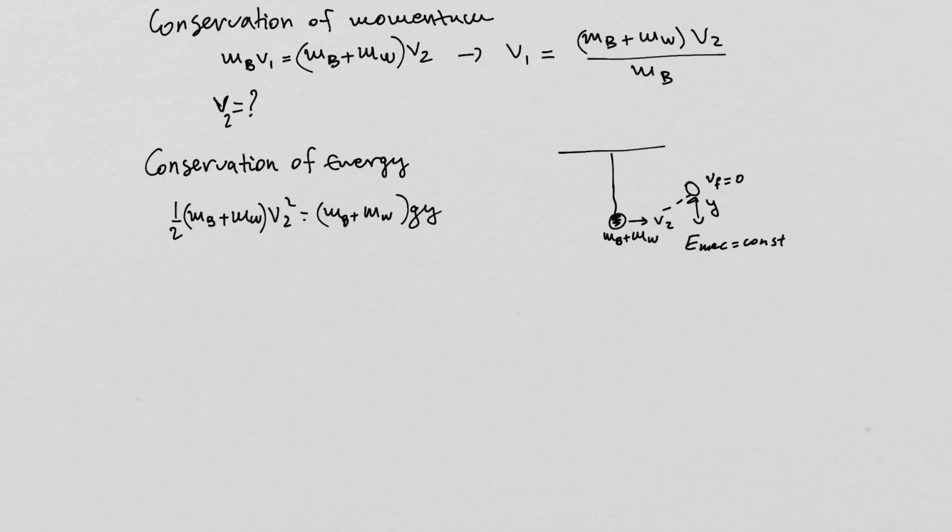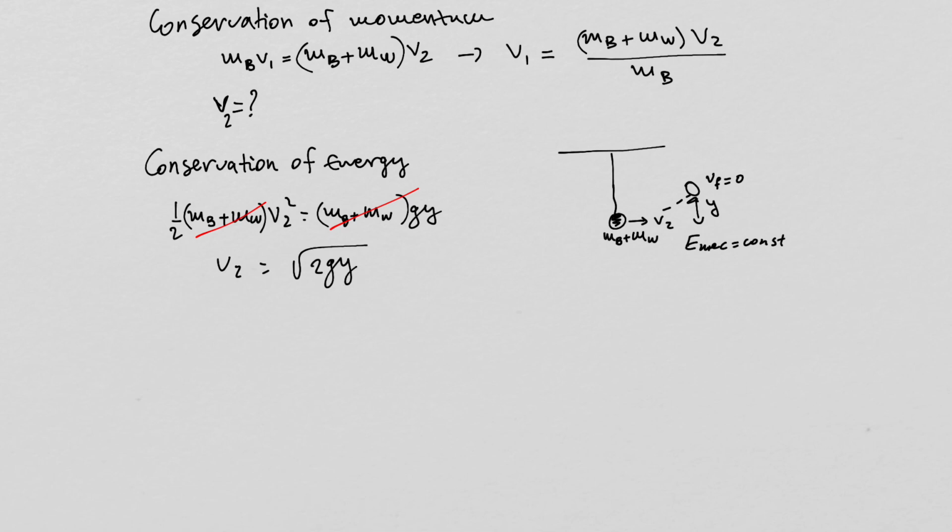Conservation of energy gives me that 1/2 the combined mass bullet and block times v2 squared is equal to the mass of bullet plus the mass of the block times g times y. And so the masses cancel out. And from here, v2 is equal to square root of 2 times gy.